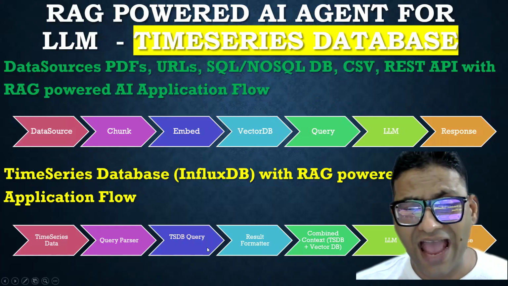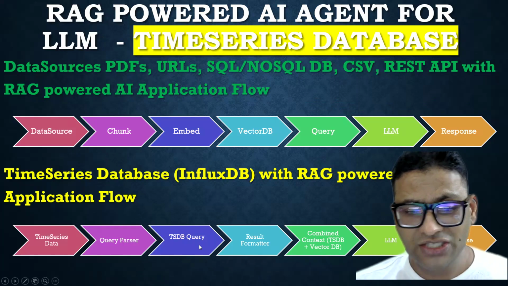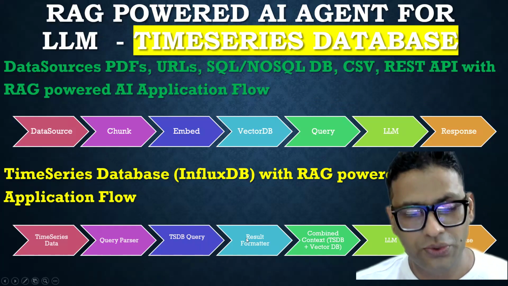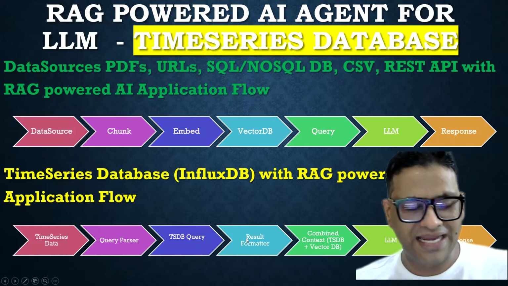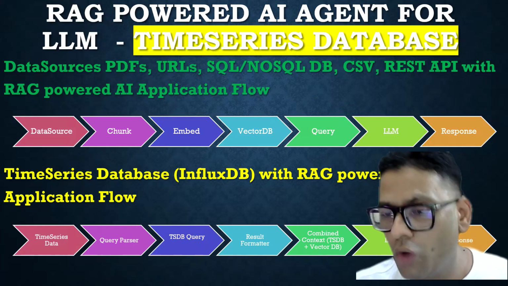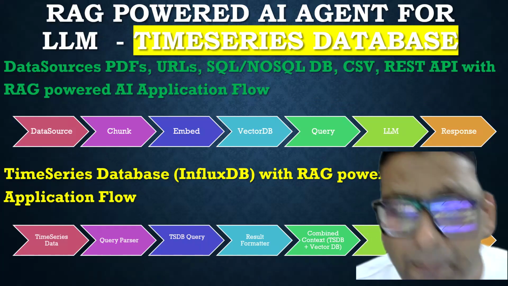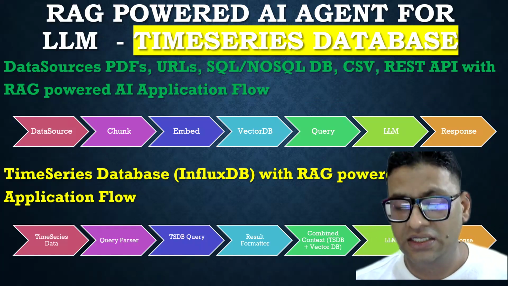So once we have the query created based on the user's question in natural language, we are going to run that against InfluxDB, get the data out, and then we have to format that result so that we can build a proper context.